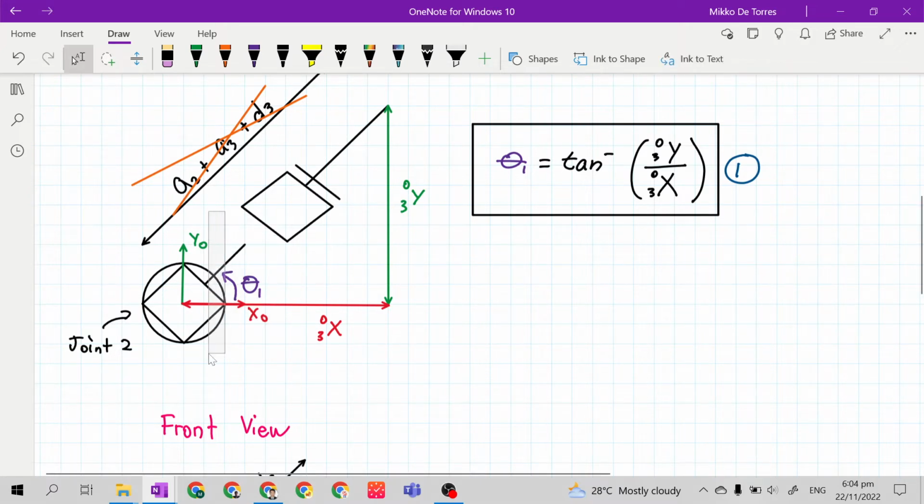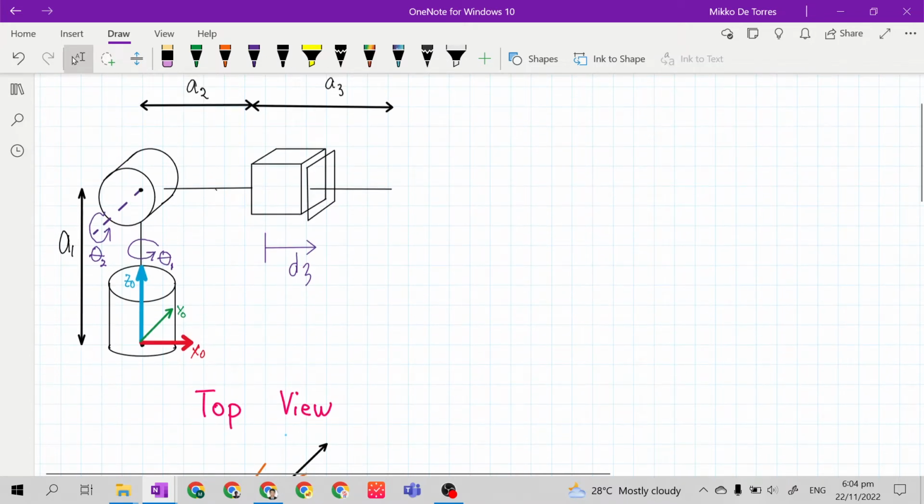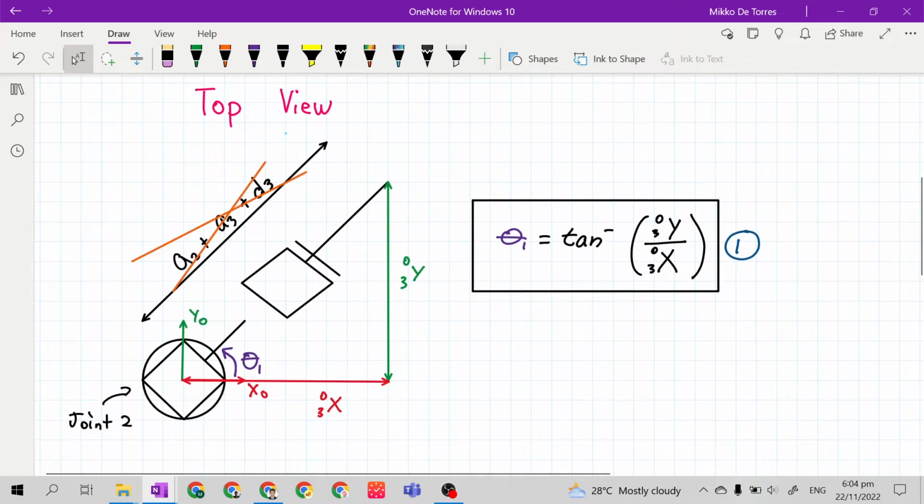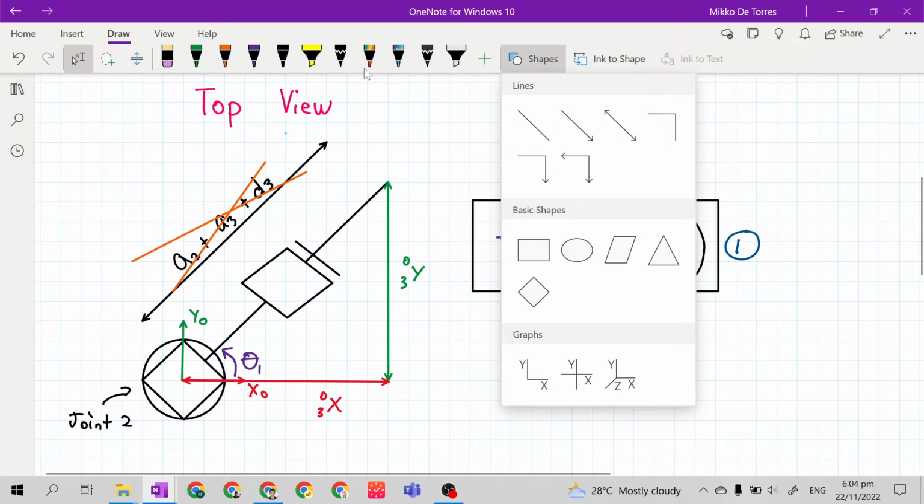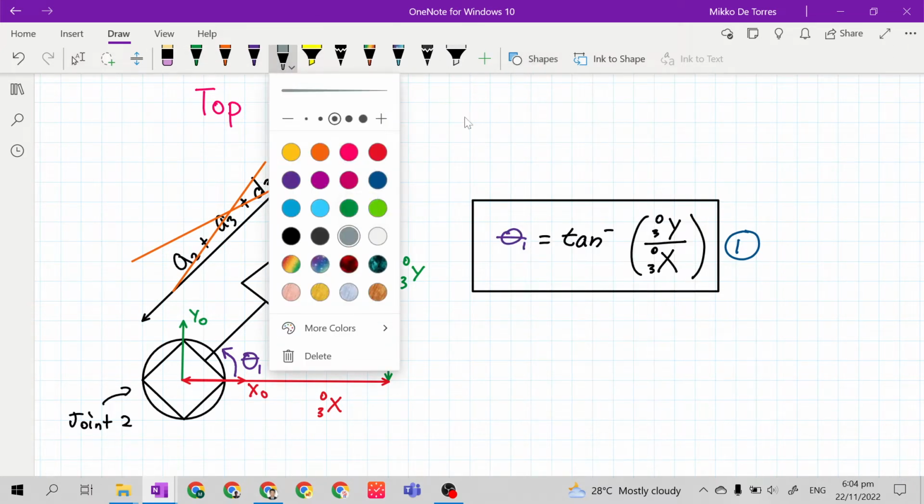In reality, because this is a revolute joint, instead of making our hypotenuse equal to a2 plus a3 plus d3, let's give a new name for our hypotenuse.